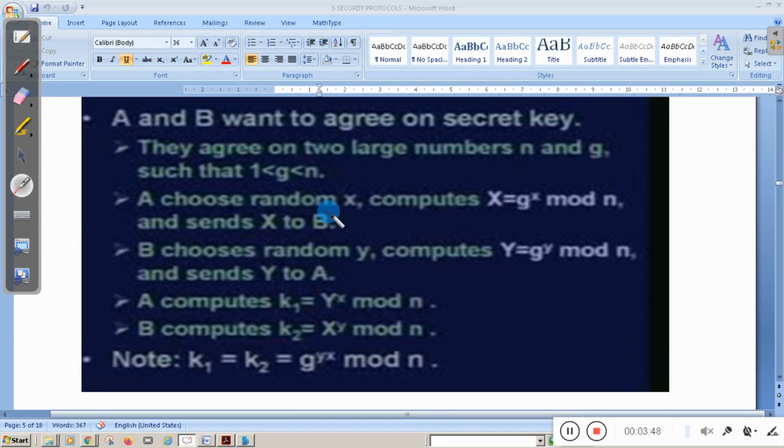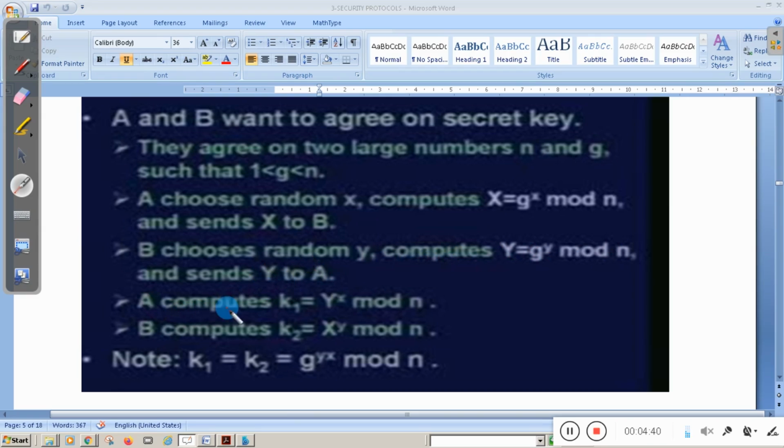So n and g are known to both A and B. Now A chooses a random number x and computes X equal to g raised to power x mod n, and sends X to B. Similarly, B chooses a random number y, computes Y equal to g raised to power y mod n, and sends Y to A.